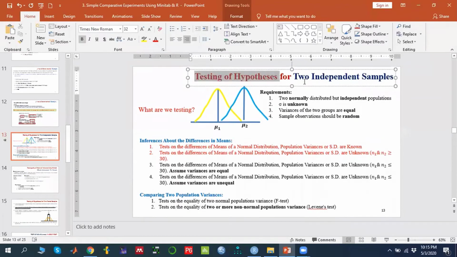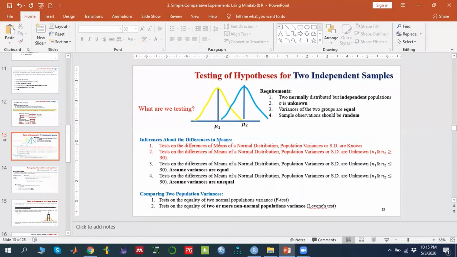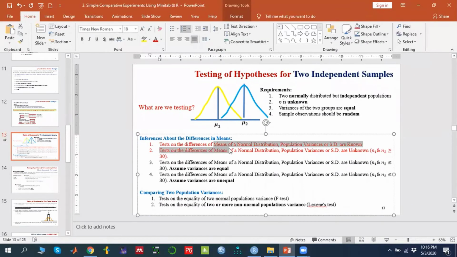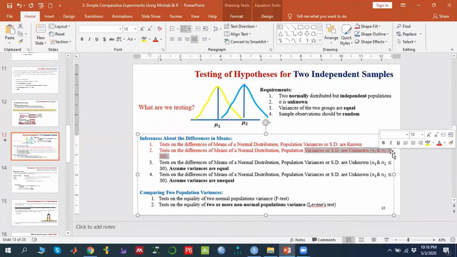Testing of hypothesis for two independent samples with respect to the means as well as with respect to the variances. So first of all, if you want to test the difference between the two means and the population standard deviations are given, then we can apply the z distribution, as well as if the sample size is large enough, then we can apply the z distribution.